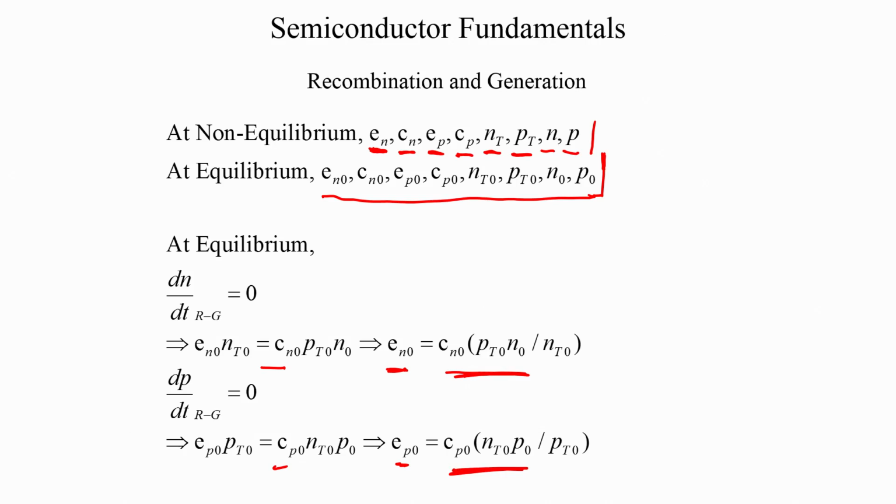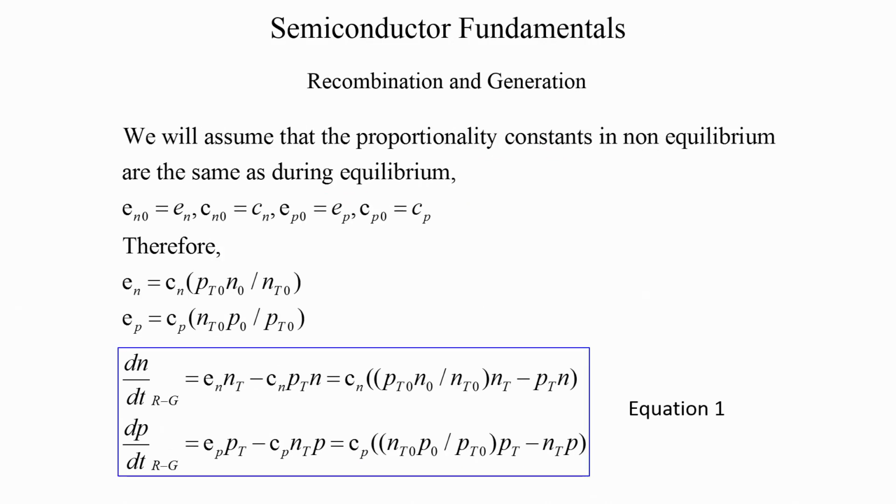Now, we make a small assumption. This is my equilibrium condition, where we had the parameters NO, PO, NTO and PTO, and we moved the semiconductor very gently out of equilibrium to the non-equilibrium condition, and here my parameters became N, P, NT and PT.